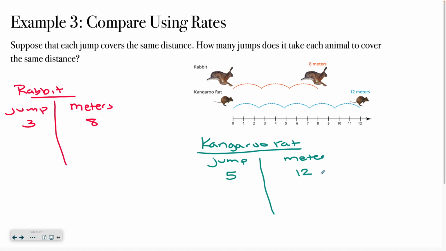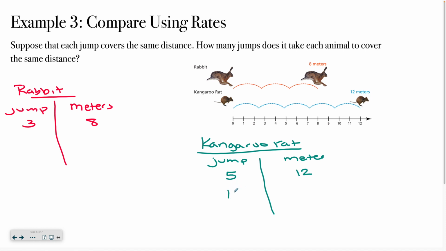Whenever you're trying to compare and find equivalent distances, what I would recommend is to start with the one that has the bigger numbers. So in this case that would be the 5 and the 12, and I would start changing those first.